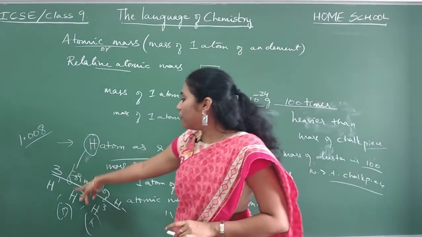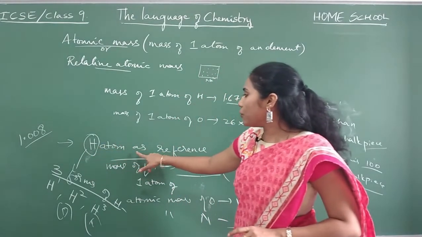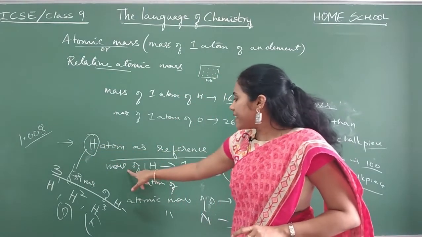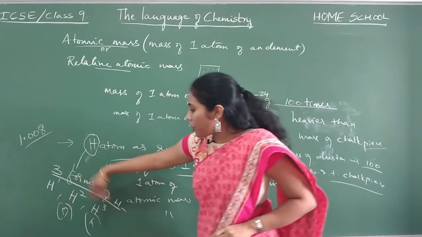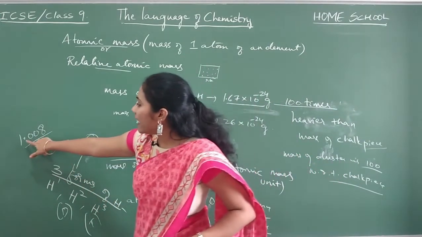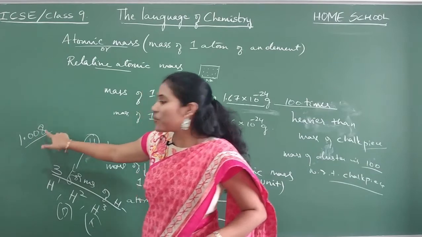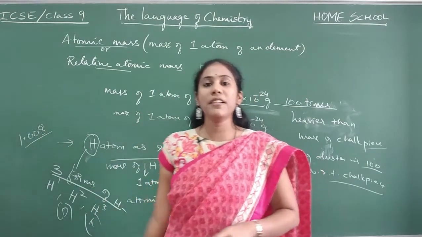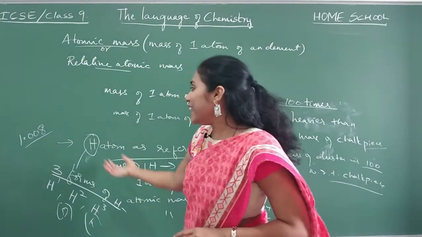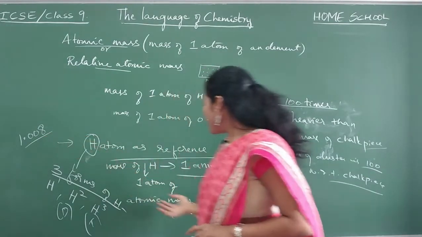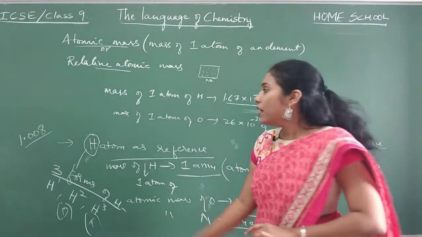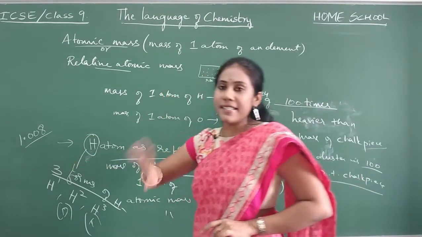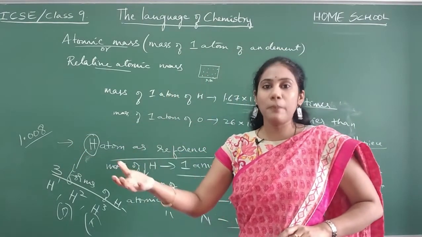But here we have a problem. If you consider hydrogen as a reference, its mass is not 1 AMU. When you take the average of all 3 isotopes, you get a mass of around 1.008, with some decimal points. Again it will be a problem to find the relative atomic masses of other elements. If you have one whole number, it is easier to talk about masses.